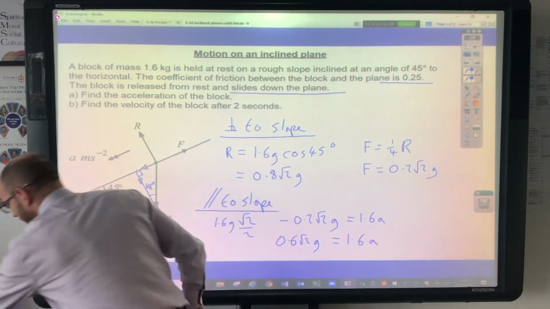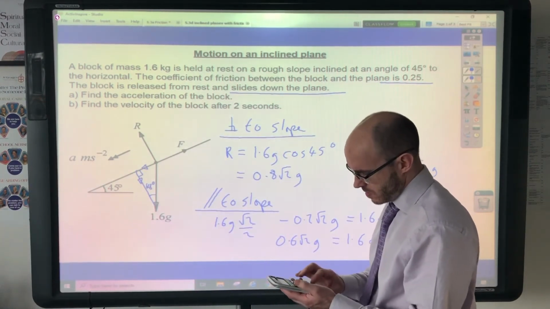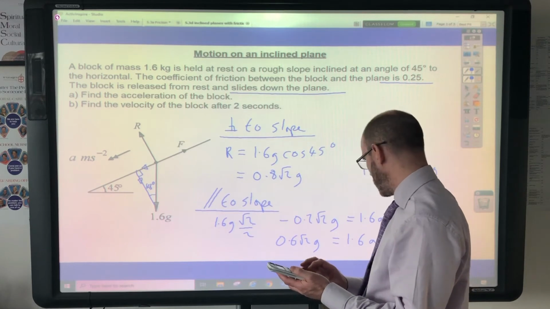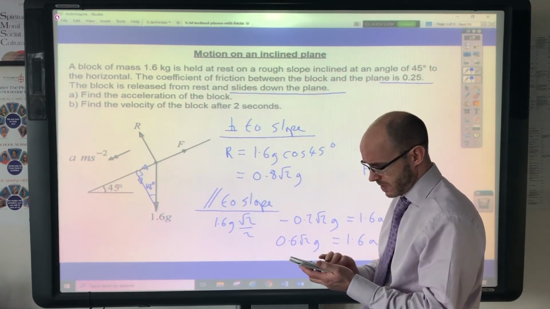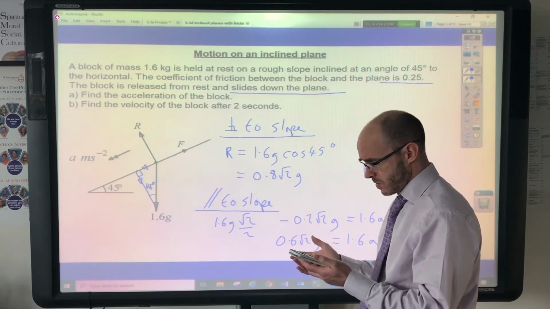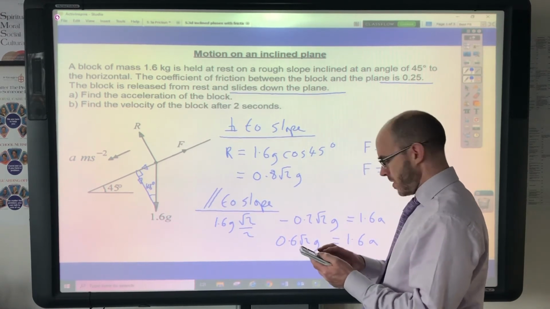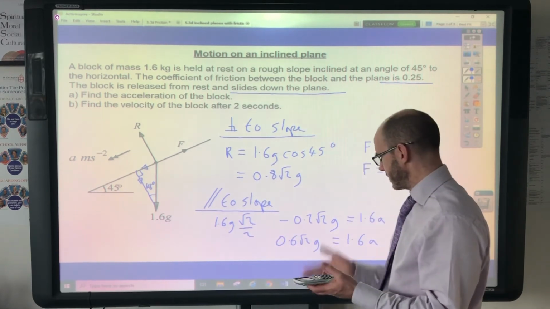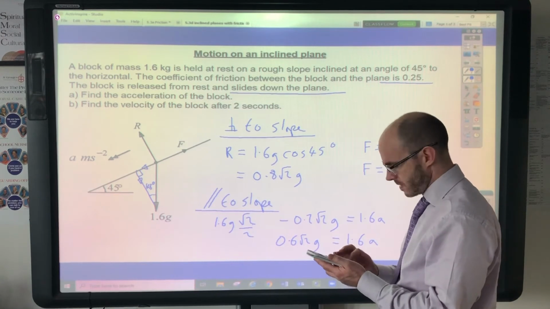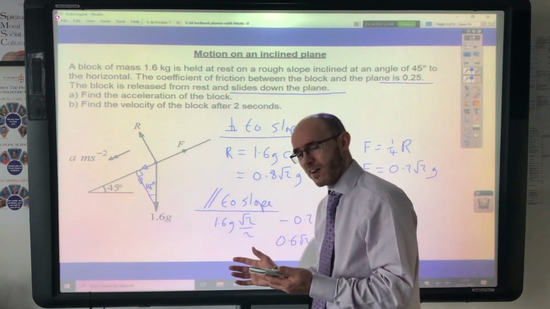Now, because I want an answer to two significant figures, I'm going to have to work out what that is. So you've got 9.8 as G, always use 9.8 in the syllabus that I'm using anyway. So 9.8 times 0.6, multiplied by the square root of 2, divided by 1.6, and what have we got, 5.2.